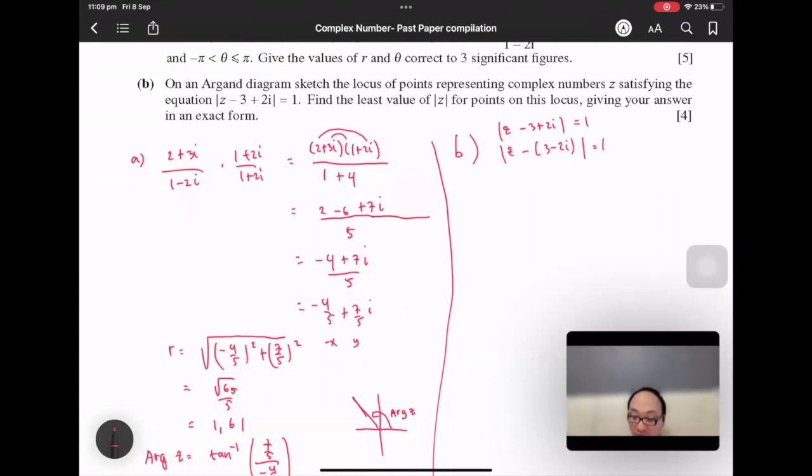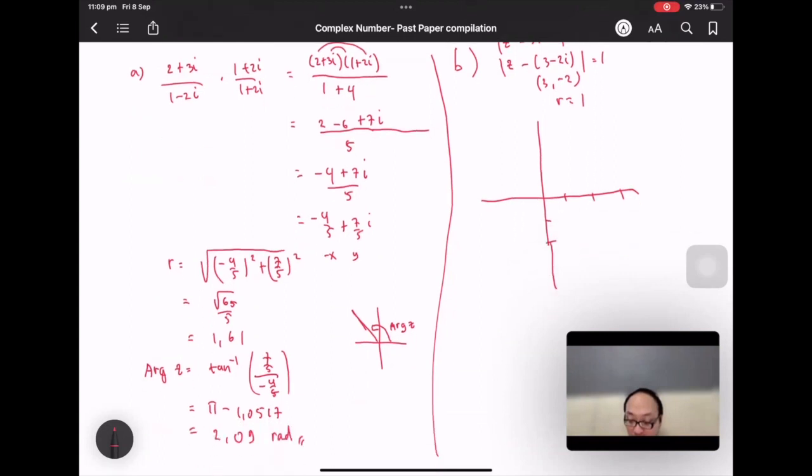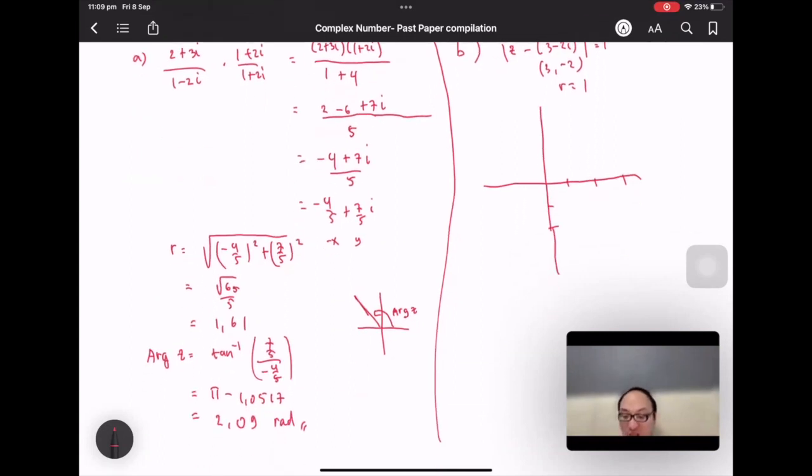So the center will be negative 3, 2, radius equals to 1. So negative 3, 2 here, and the radius will be 1.